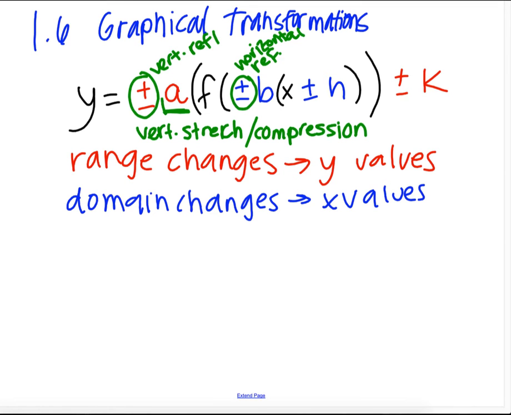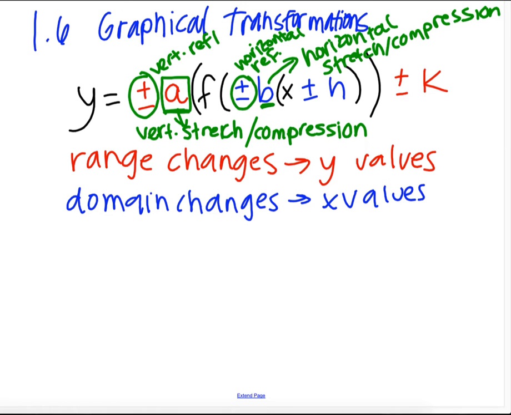And that's for a. Then b is going to do a similar thing, except it's going to be a horizontal stretch or compression. Then the h and the k, when you're adding or subtracting those values: the h, which is inside with your x, is going to be horizontal shifts, and k is going to be vertical shifts.